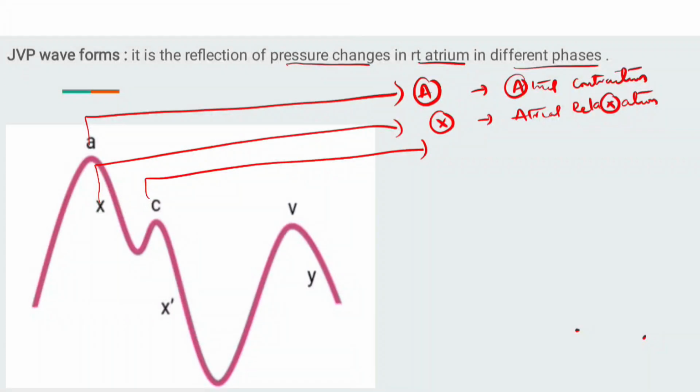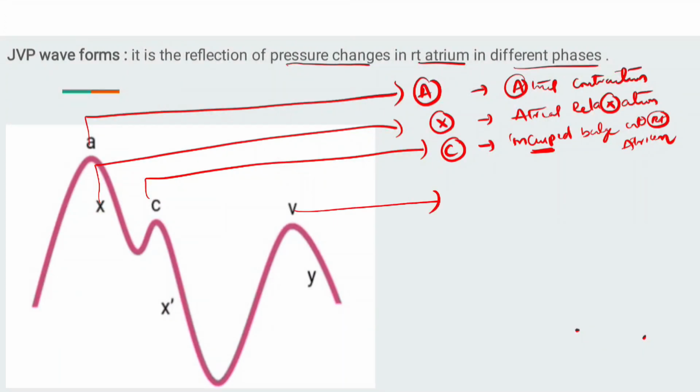Then C wave indicates tricuspid bulge into the right atrium during isovolumetric contraction. Then V wave indicates venous filling, V for venous filling.